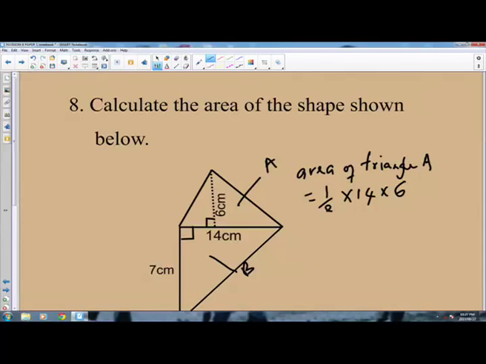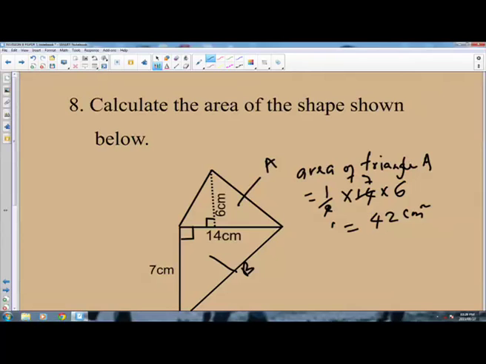So we'll take the height to be 6, and the base will be 14. So it's just half times 14 times 6. 2 into 14 is 7. And then you have 1 times 7 times 6, which is 42. So the area of this is 42 centimeters squared.